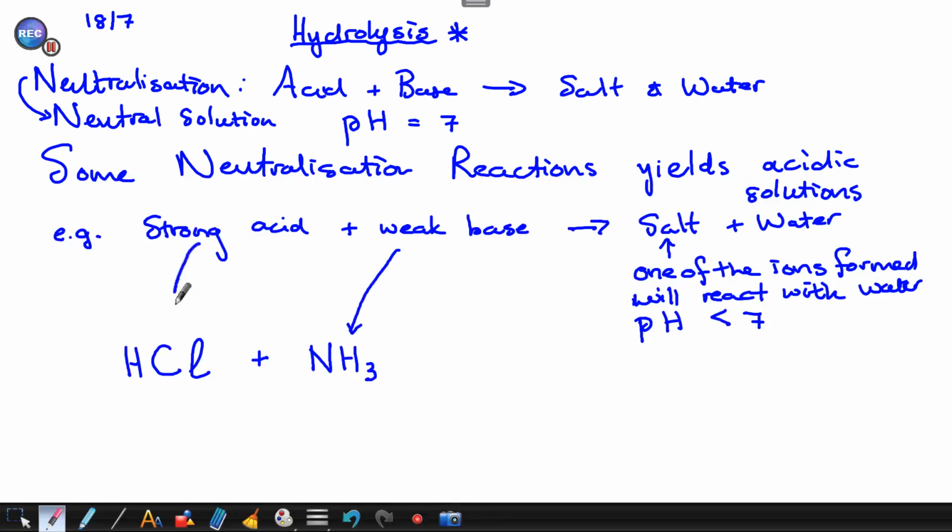That is a strong acid. What is the salt that will form in this reaction? NH4 is the cation formed, and the anion formed will be Cl negative.